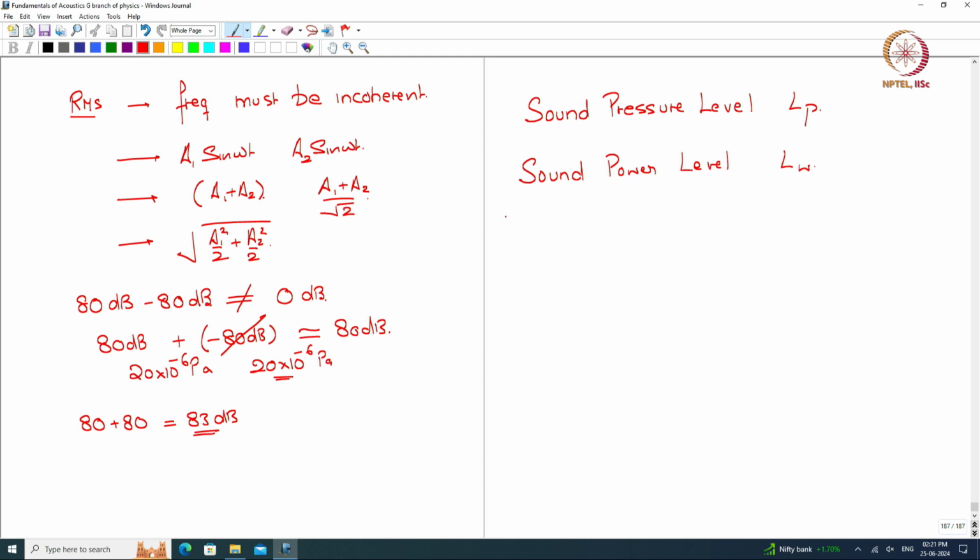Sound pressure, the pressure generated by a source, depends on the boundary conditions.